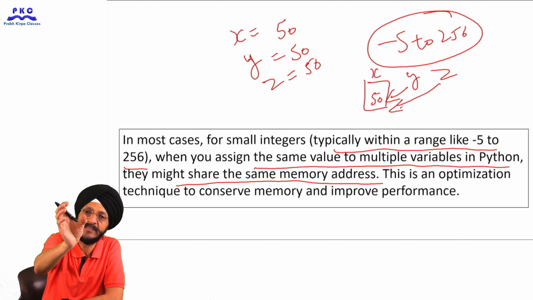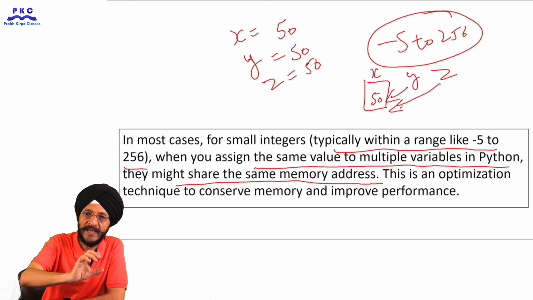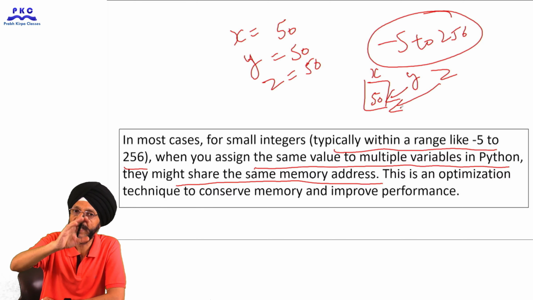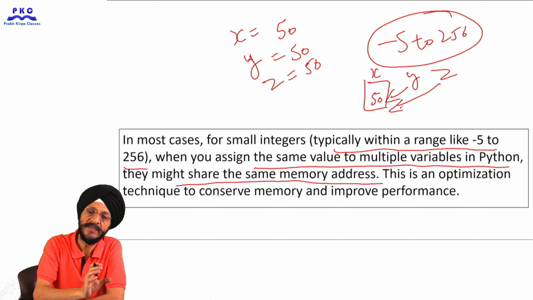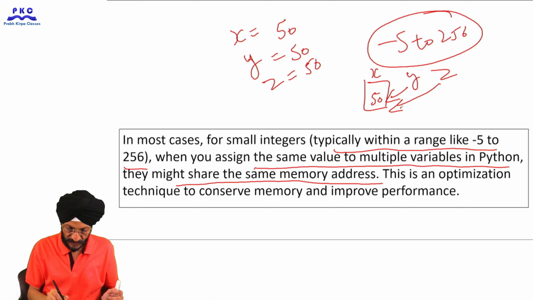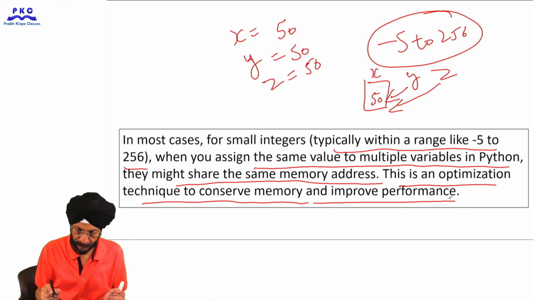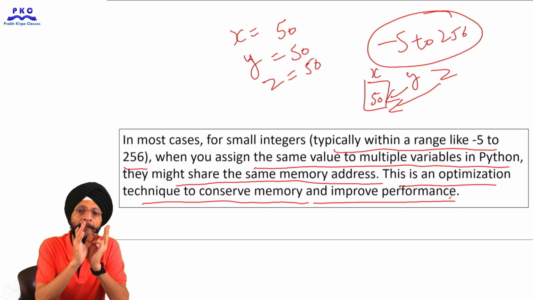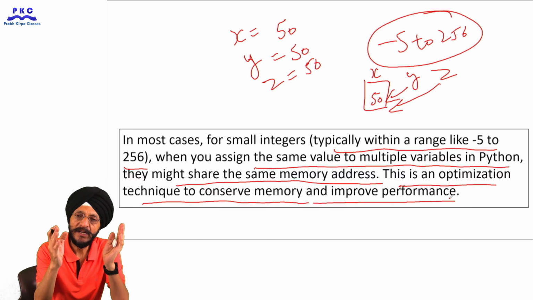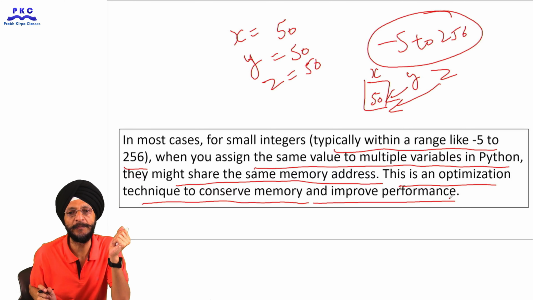The memory address of the 50 object will be the same for x, y, and z because data type is the same, data is the same. This is an optimization technique of Python to conserve memory and improve performance.